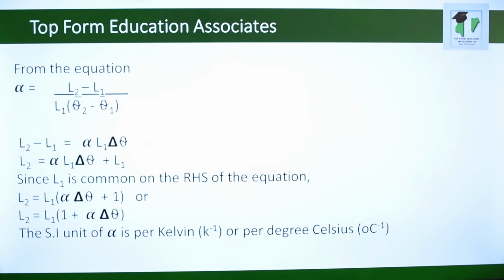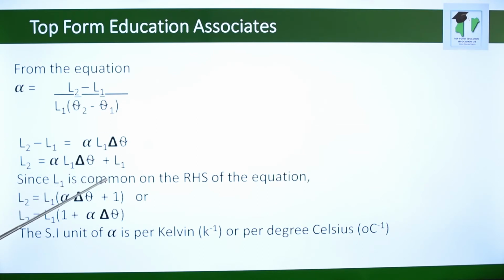Theta 1. Remember, theta 2 minus theta 1 is change in theta. And so we have alpha L1 change in what? Theta, delta theta. And so we have L2 minus L1 equal to alpha L1 change in theta. This is minus L1; crossing over the equality sign becomes what? Plus. That becomes plus L1.